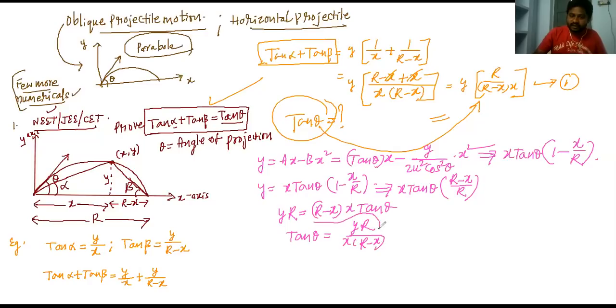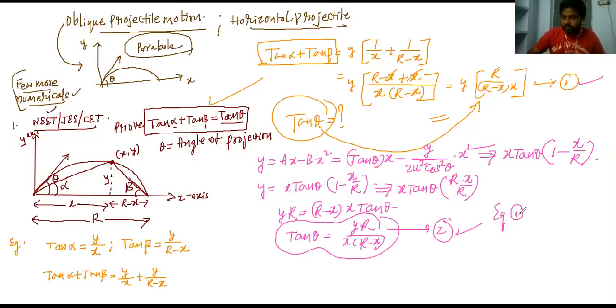Okay, so this is my tan theta, and you have equation number 2 now. Equation 2 and equation 1, both are same or not? That's my question. Equation 1 and equation 2, both are same or not? So 100% equation 1 is equal to equation 2, right?